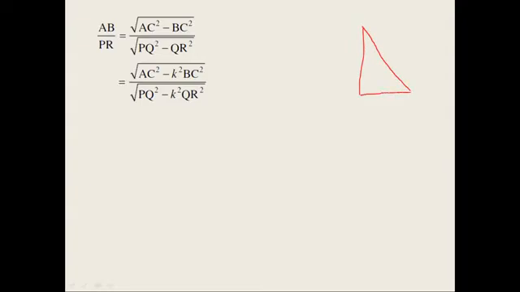We are taking this triangle, here A, here B, here C. According to Pythagoras theorem, hypotenuse square is equal to opposite square plus adjacent square. Right? Okay, but here we want AB by PR.